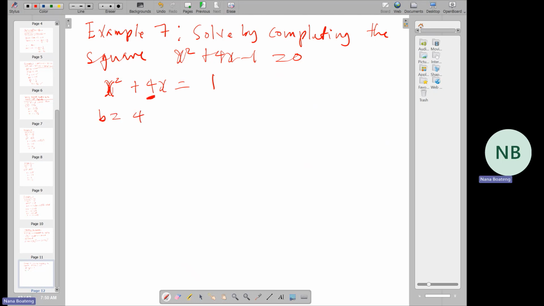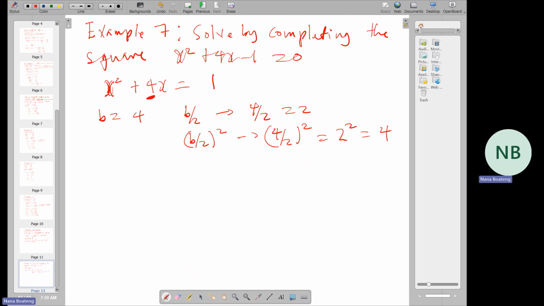So b divided by 2 is 4 divided by 2, which is 2. So b divided by 2 squared is 2 squared, which is 4. So we'll be adding 4 on both sides in order to write this binomial as a perfect trinomial.